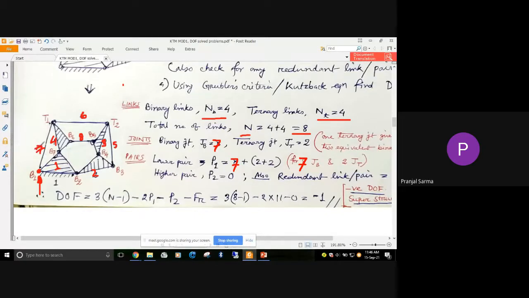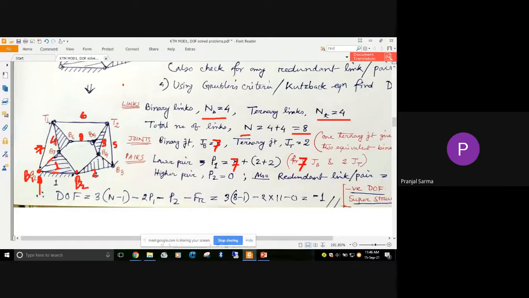Here link number 7 and link number 1 are joined. It's not like this one is one link and this is another link; the whole thing is link 1. So this is a binary joint. We denote it with b, and so that we don't have to keep calculating while marking, we'll call it b1. Similar is the case here. This is link number 1 and link number 2 joined, another binary joint. We are giving b2.